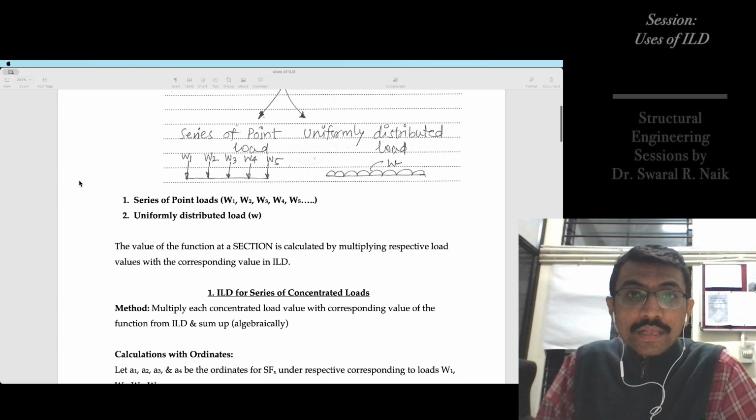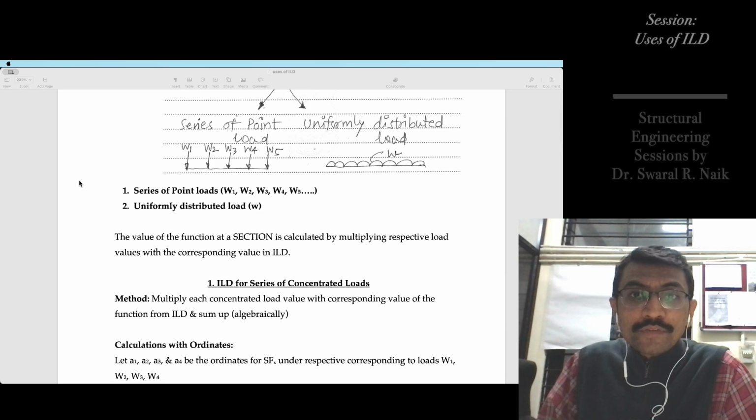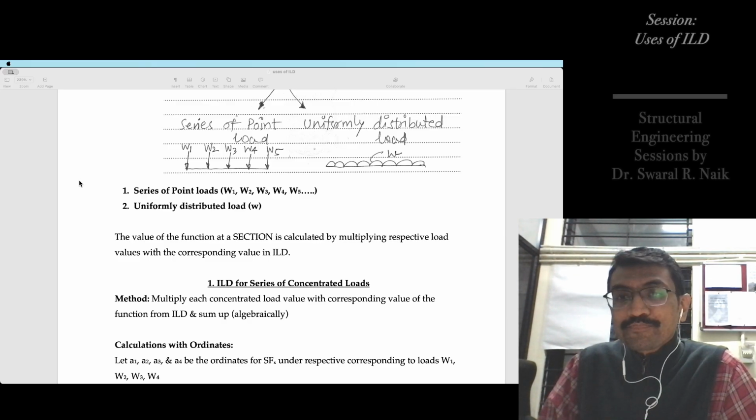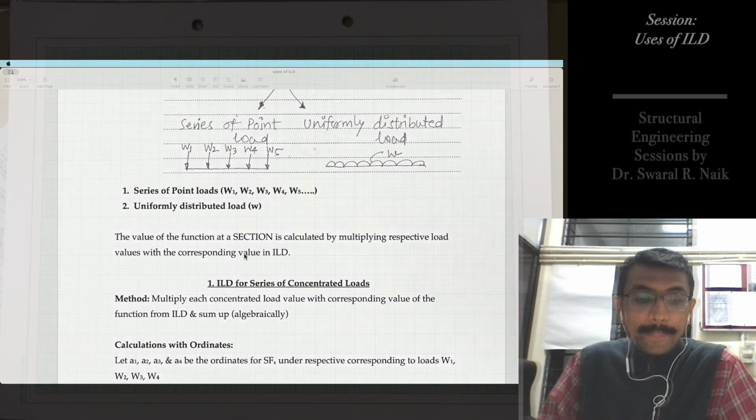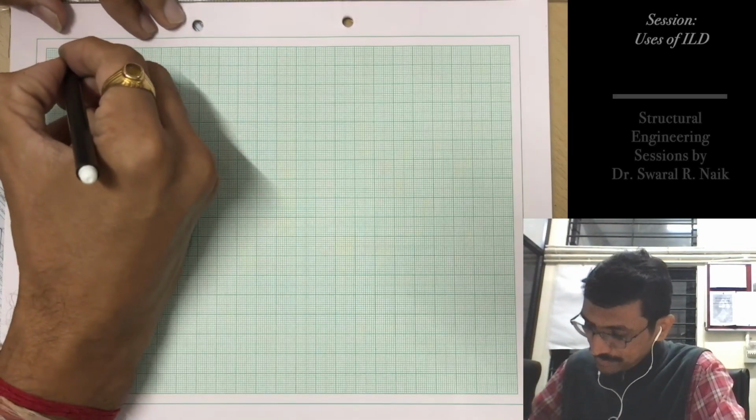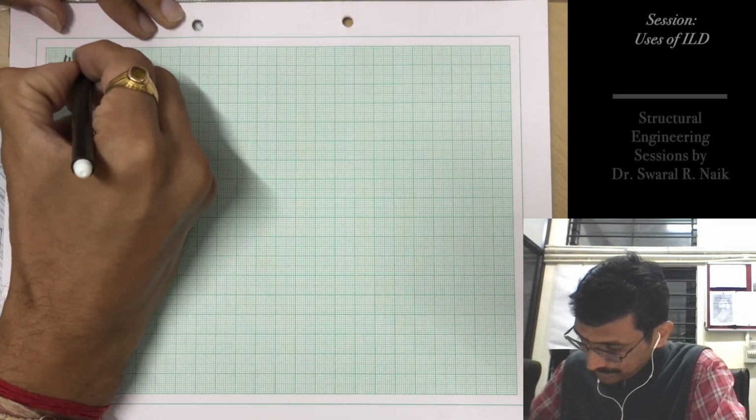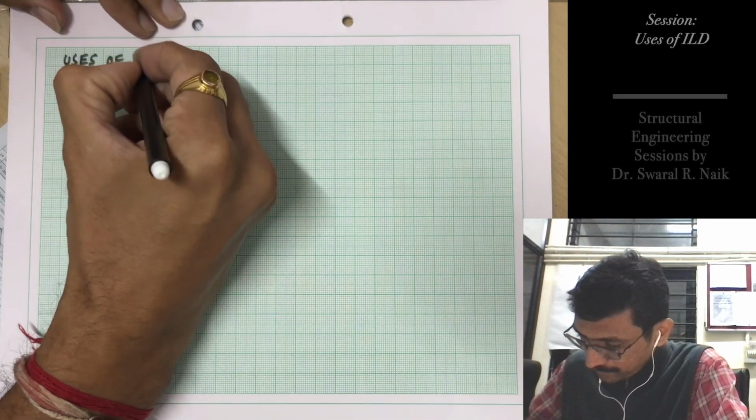Looking further, the value of the function at a section is calculated by multiplying the respective load value with the corresponding value of the ILD. Let me just write uses.